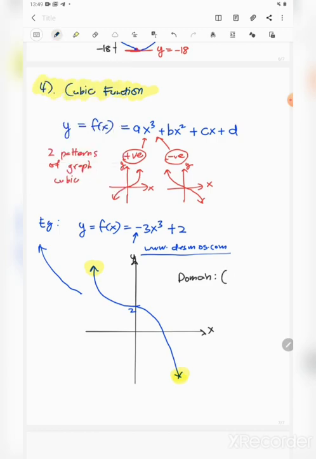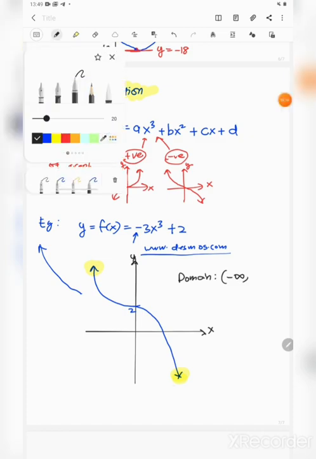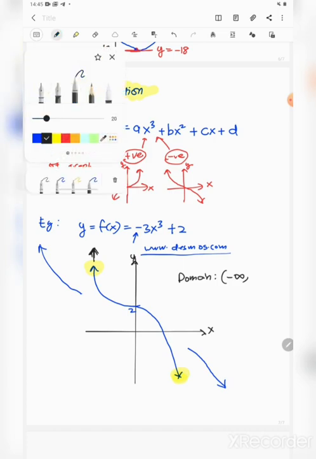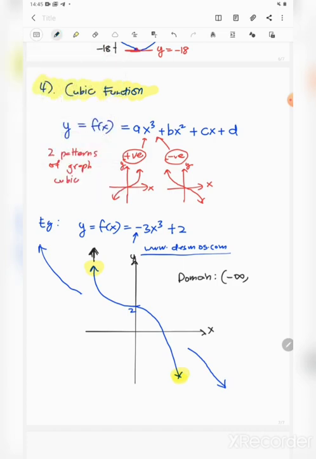So now we have the domain starting from negative infinity. For the right side, we see that the graph is pointing to the bottom side, but it is also pointing to the bottom and to the right side of the graph. Therefore our domain will be negative infinity to infinity. For the range, this one is much easier compared to the domain.